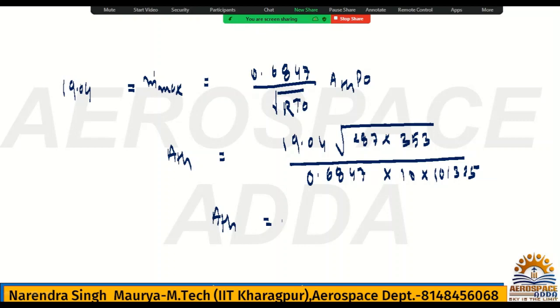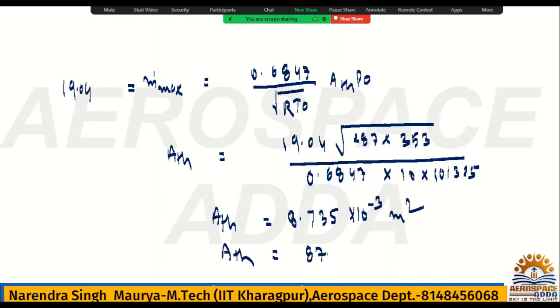We are getting 8.735 into 10 power minus 3 meter square, or if you convert to centimeter square, just multiply it by 10 to the power 4. So how much you may get? 87.35 centimeter square.